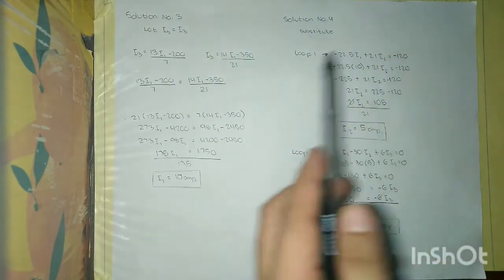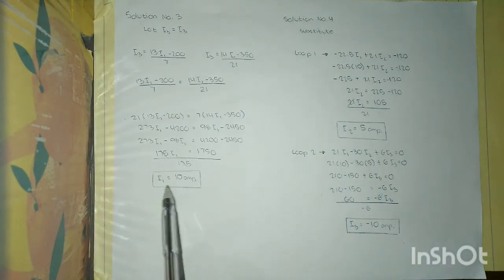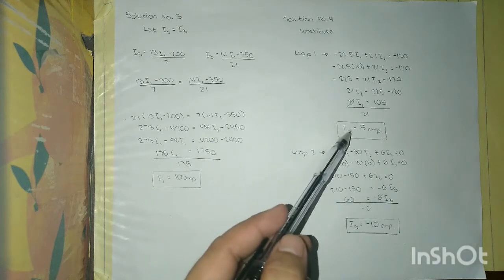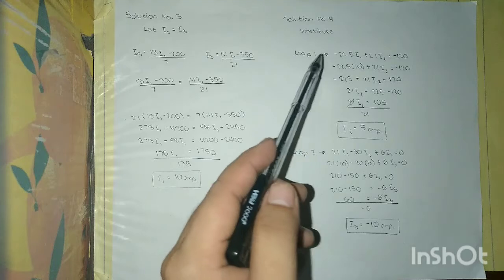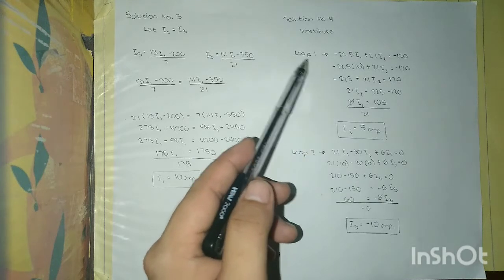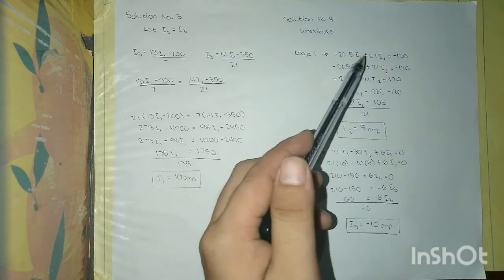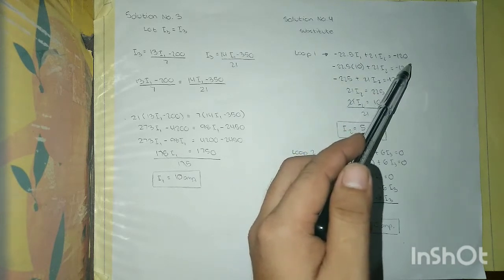Solution number 4: substitute. Since we have the value of I1, which is 10 amps, we can now obtain the values of I2 and I3. To calculate I2, we use the equation of loop 1, which is negative 22.5 I1 plus 21 I2 is equal to negative 120.